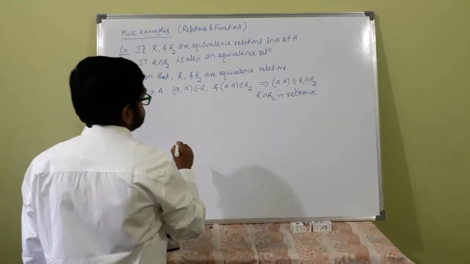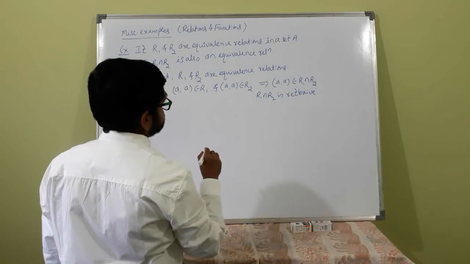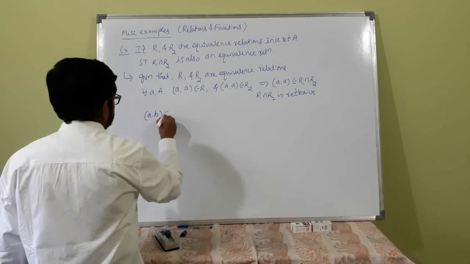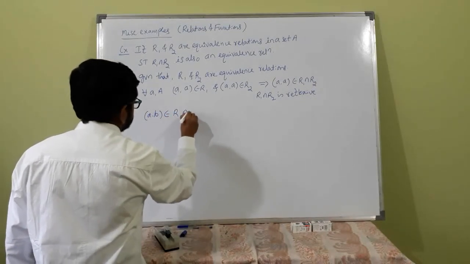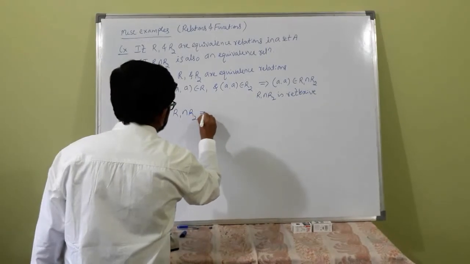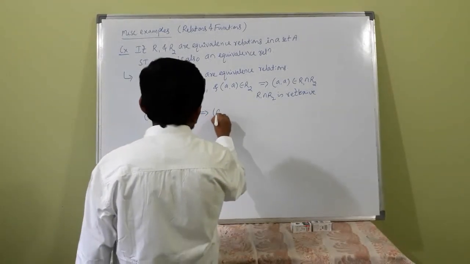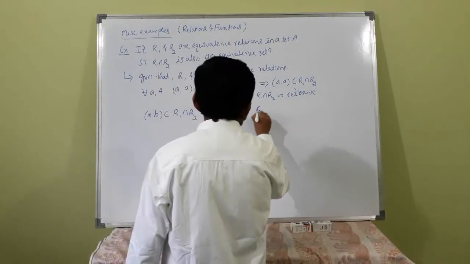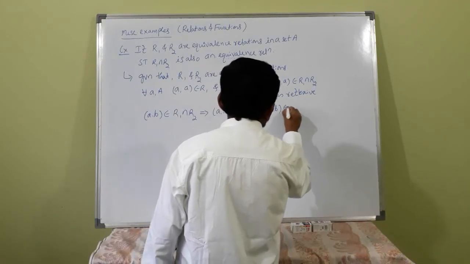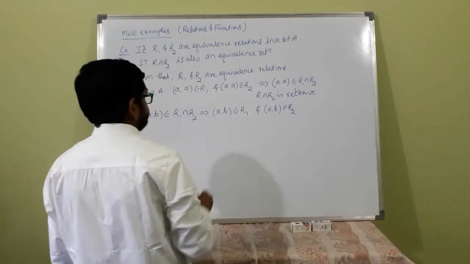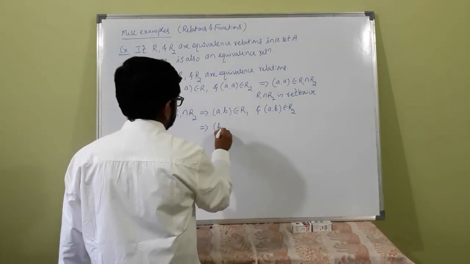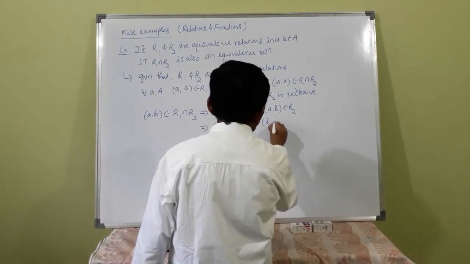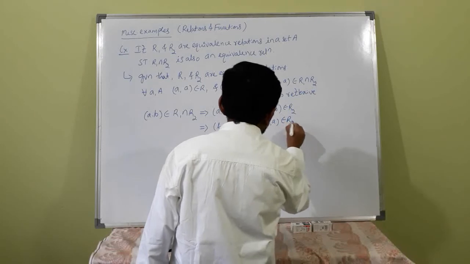Now, (a, b) belongs to R1 intersection R2 implies (a, b) belongs to R1 and (a, b) belongs to R2. This implies (b, a) belongs to R1 and (b, a) belongs to R2.